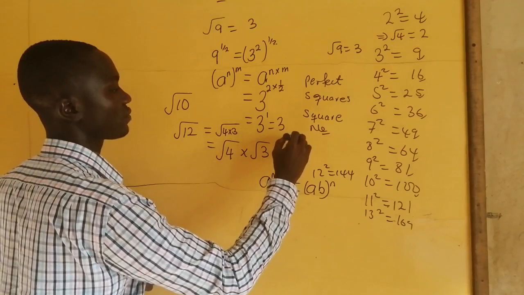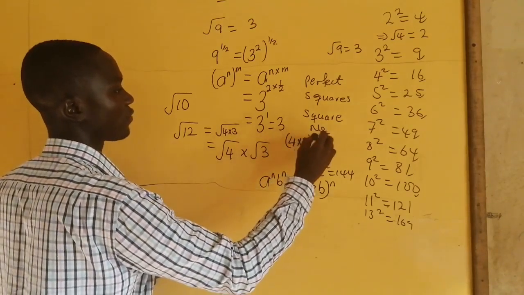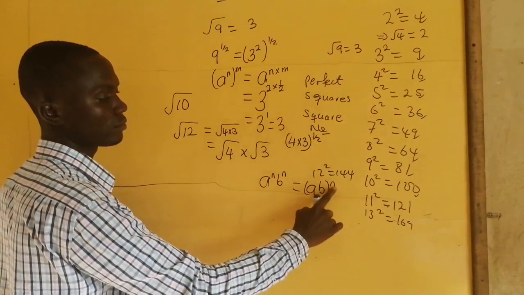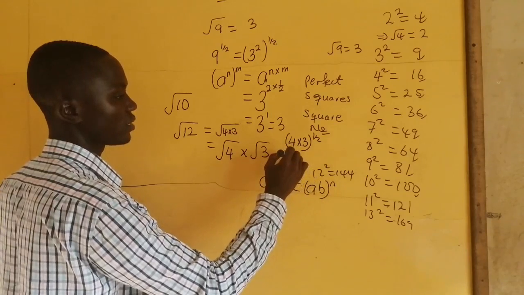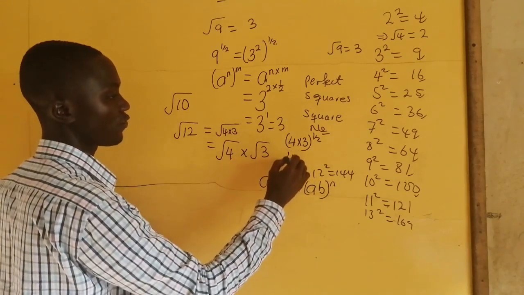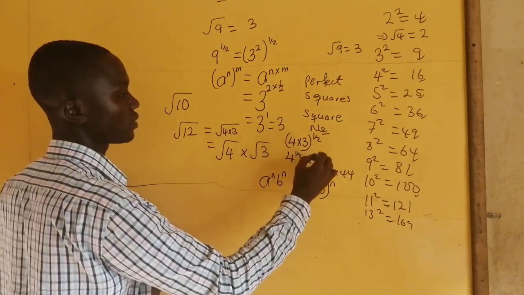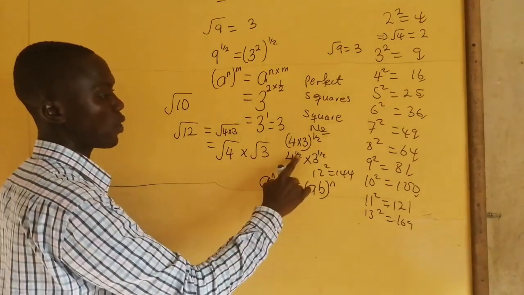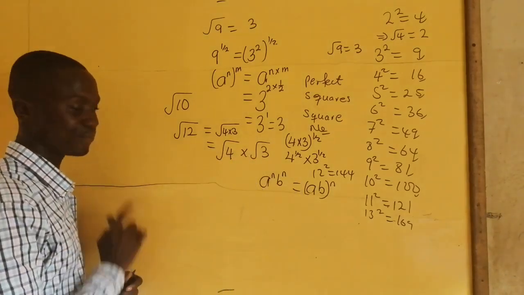So if I have 4 times 3 all power half, as a times b all power n, then a will take the power n. So I write 4 power half times 3 power half. But power half means square root. So that will give me the square root of 4 times the square root of 3.